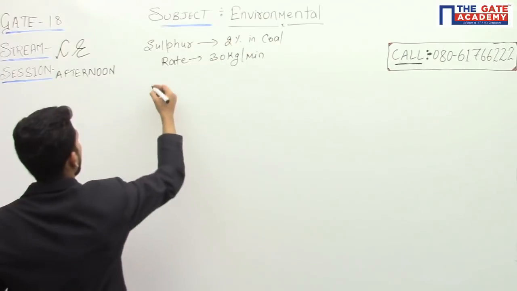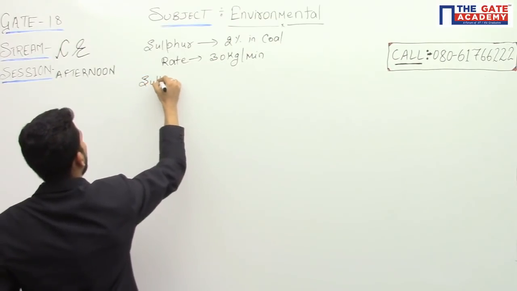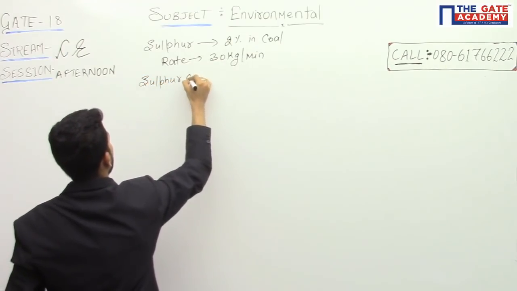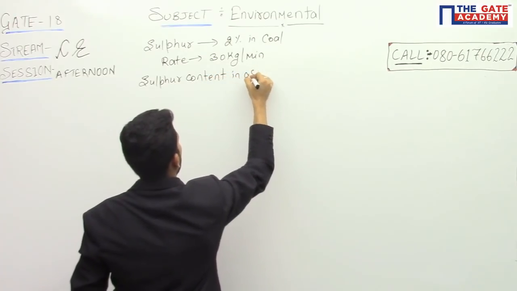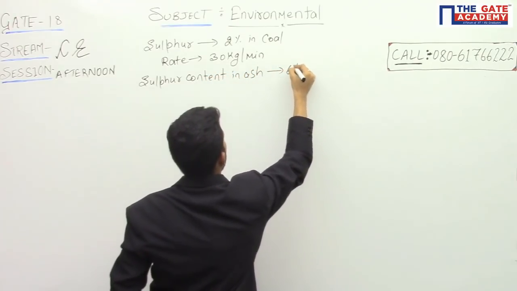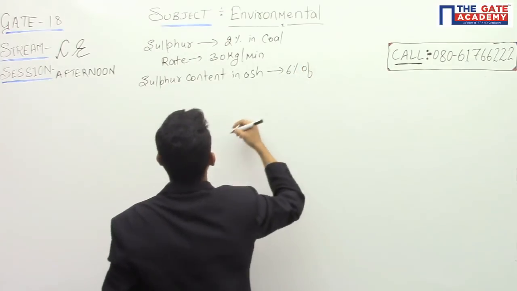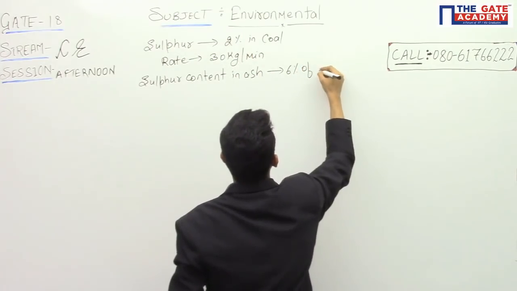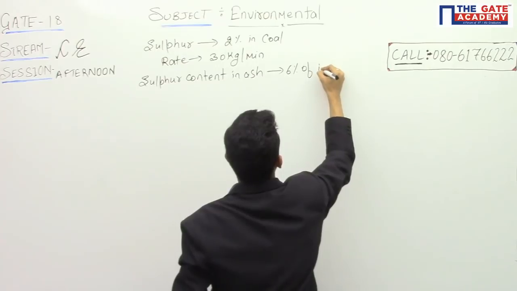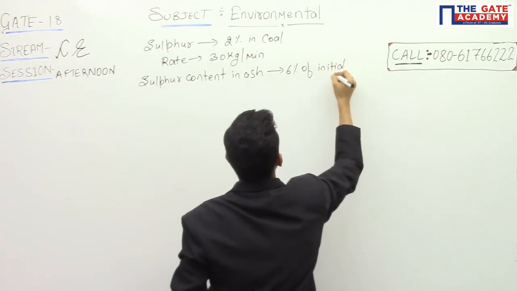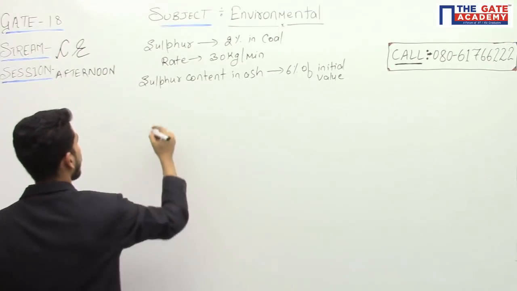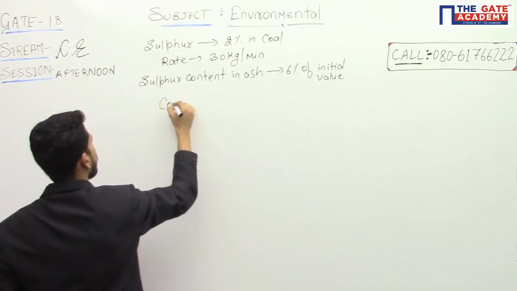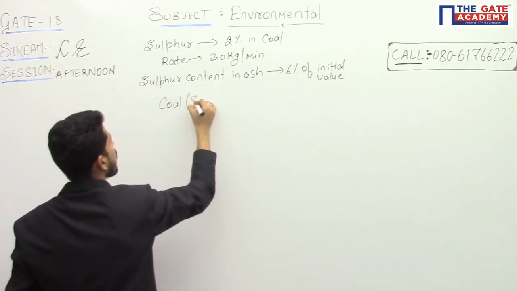So he says sulfur content in ash is 6% of what is present inside the coal, 6% of the initial value. That means what he's saying is, we have coal. Coal contains sulfur.